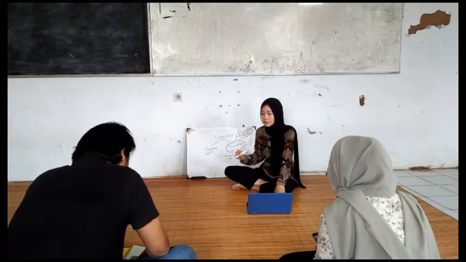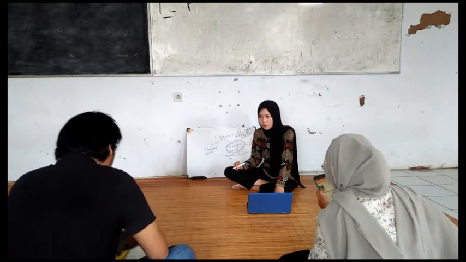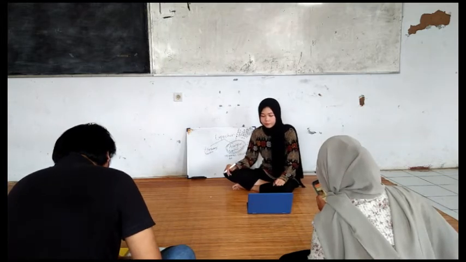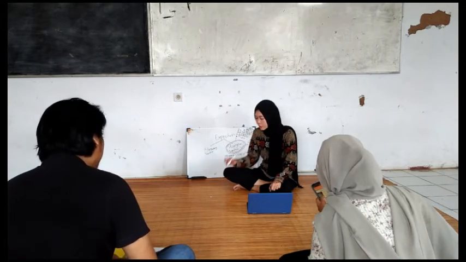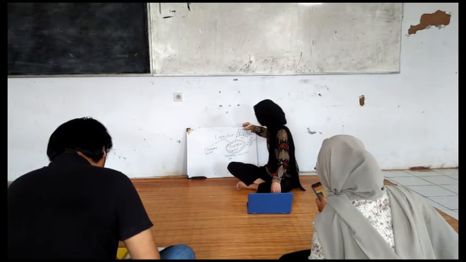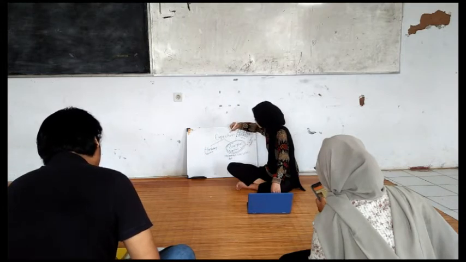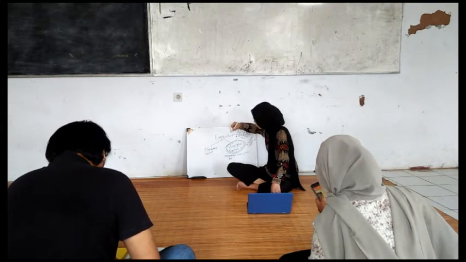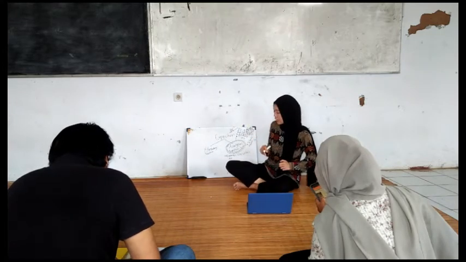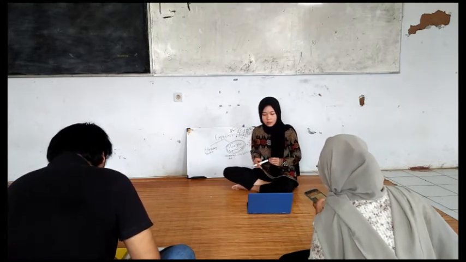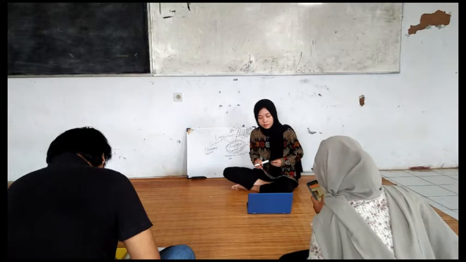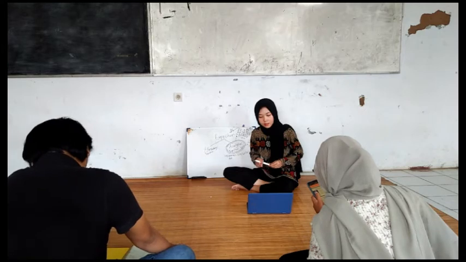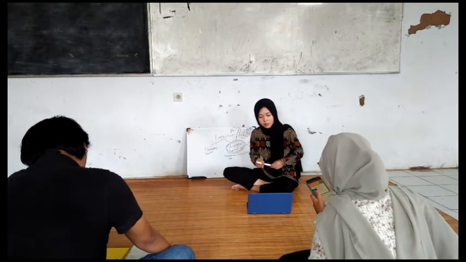Okay, now Agung, can you read the thesis? Thesis: in the first paragraph, writers should inform the readers about the main topic. So in the thesis, this is about the main topic. And then Fakot, arguments. In the next paragraph, writers explain the arguments to support the main topic.